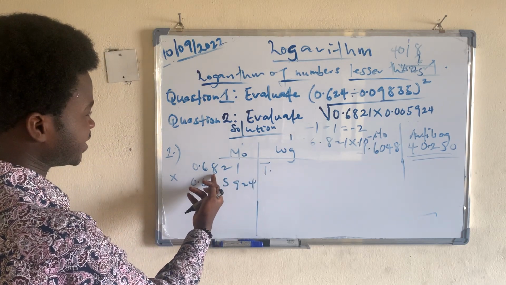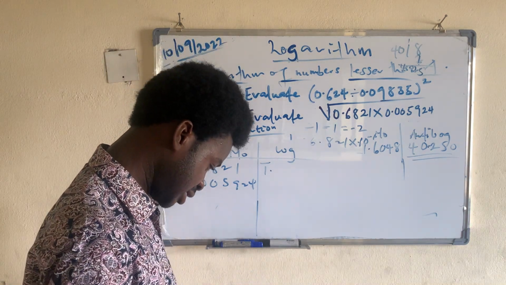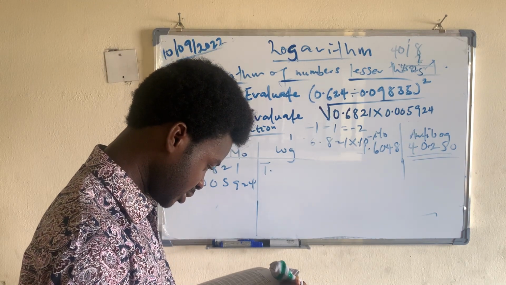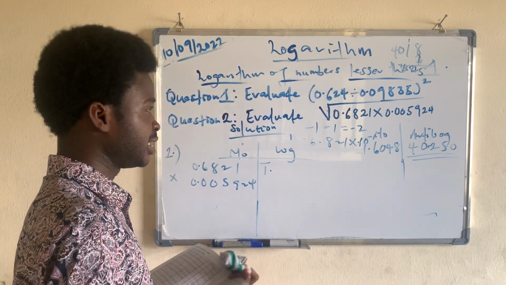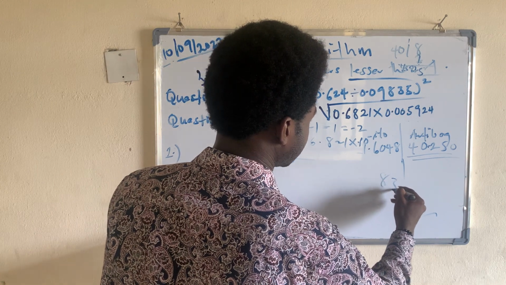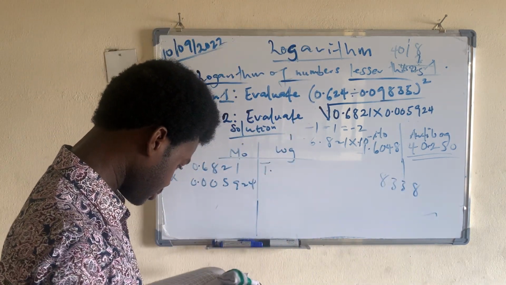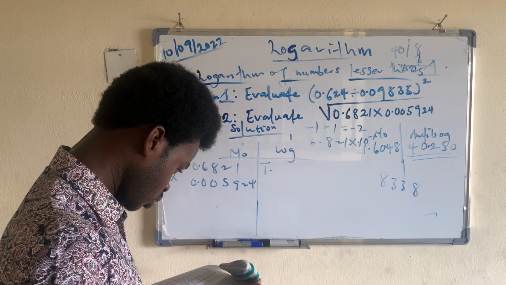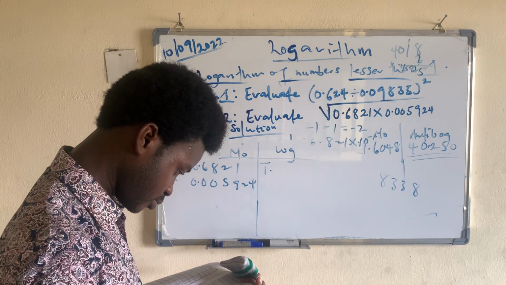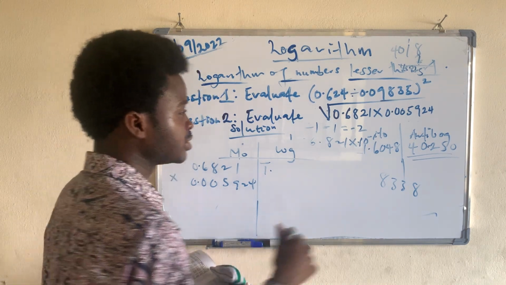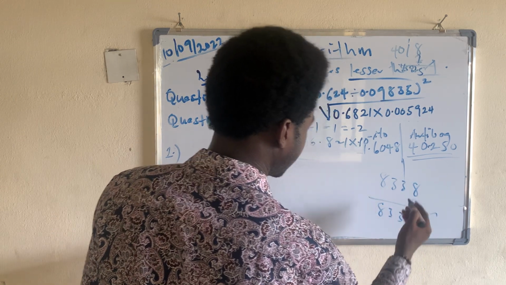I'll now check 68 under 2 difference 1 in my logarithm table. 68 under 2 is 8338. I have that to be 8338. So difference 1 is 1. So 8339.